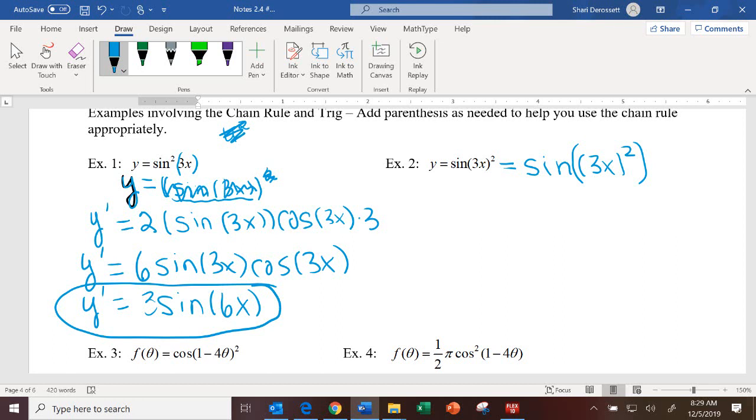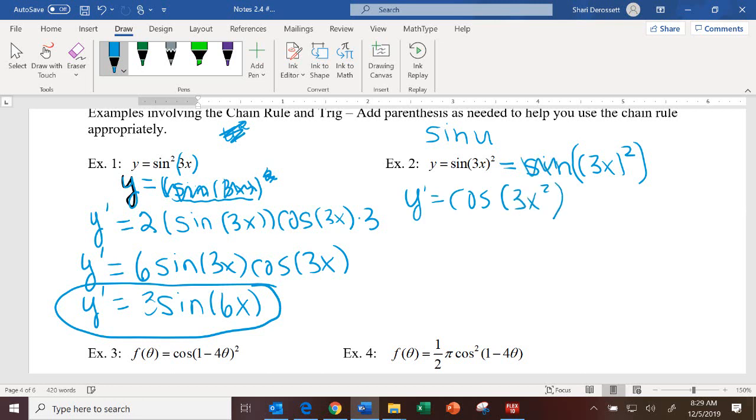So I'm going to start off by thinking of this problem as not u squared. Even though this problem looks very similar, this first step is sine u, because look at those outermost parentheses there. What's the derivative of sine u? Cosine of the u.